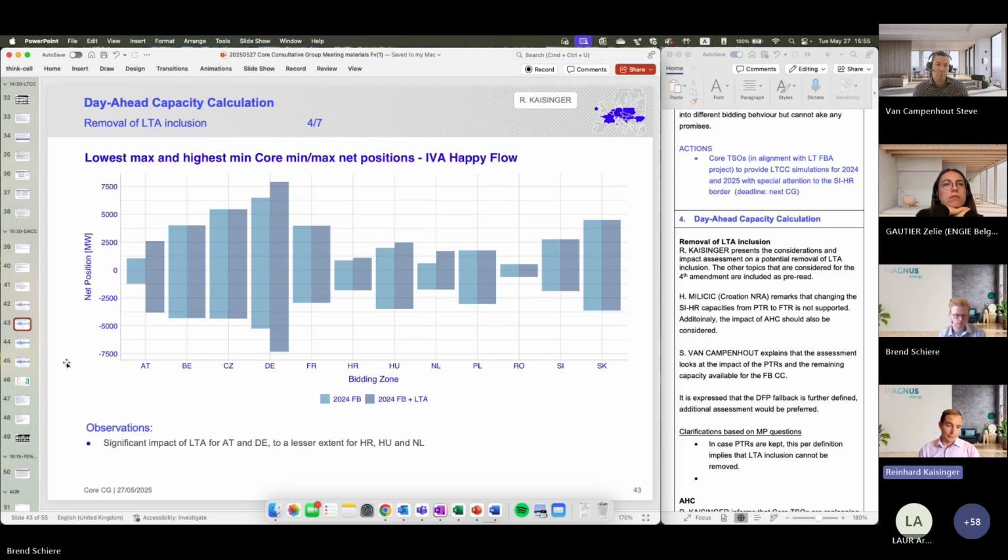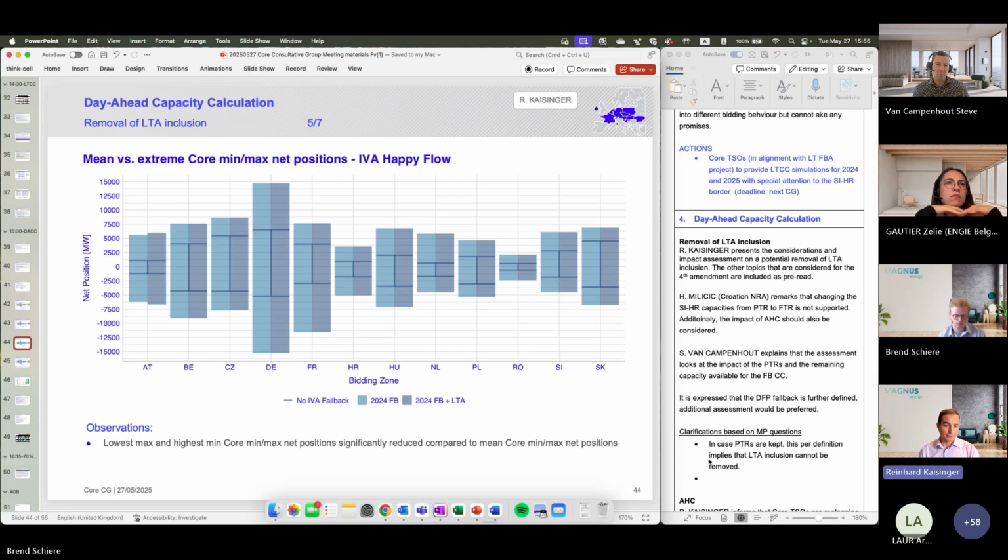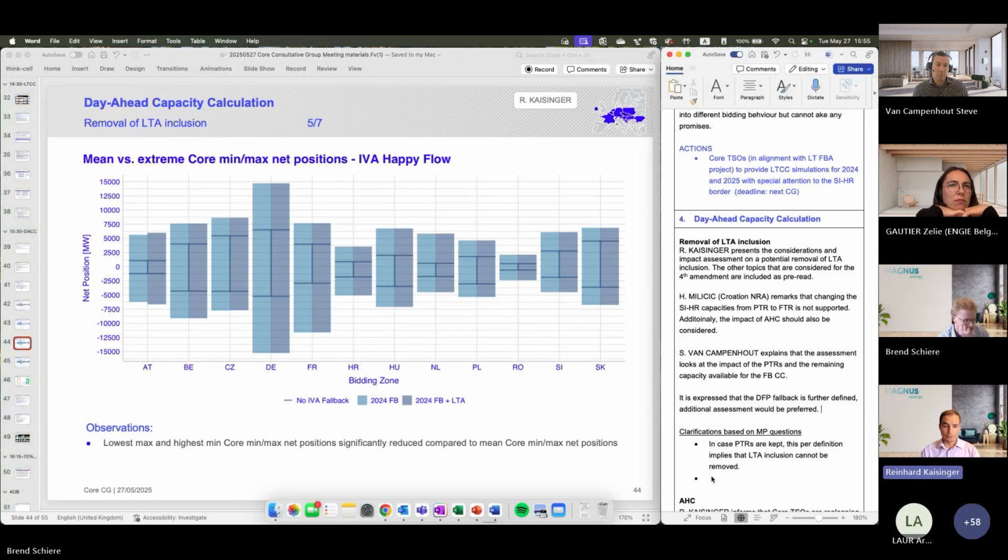If we now jump to the next slide, we look at a comparison between the first two graphs. So we now look at only historic data. So the 24 flow-based domain and plus LTAs, so the dark blue and light blue shade bars are again what we saw 2 slides ago. So the min-max net positions.